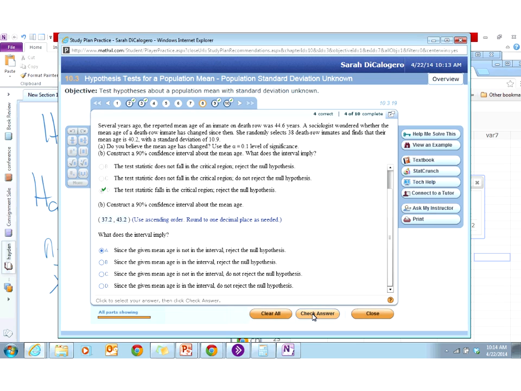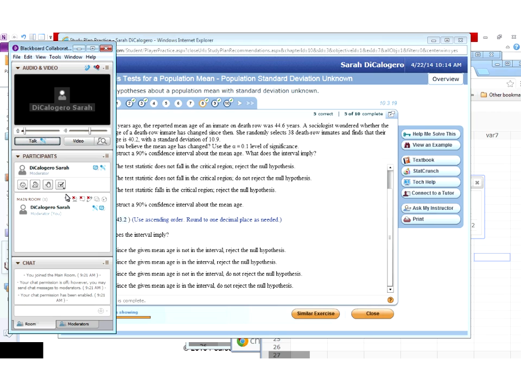So you can also do these by confidence intervals. Your 0.1 level of significance corresponds to a 90% confidence interval. Because remember, 1 minus 0.1 gives you 0.9, which is a 90% confidence interval. So since the mean age is not in the interval, reject the null.